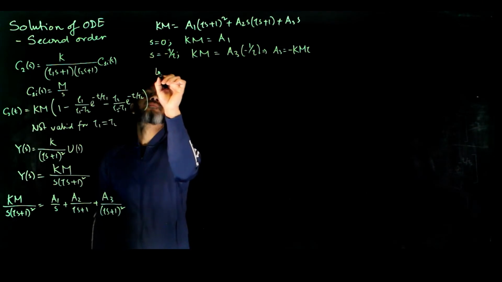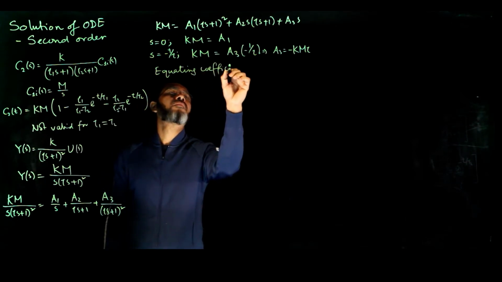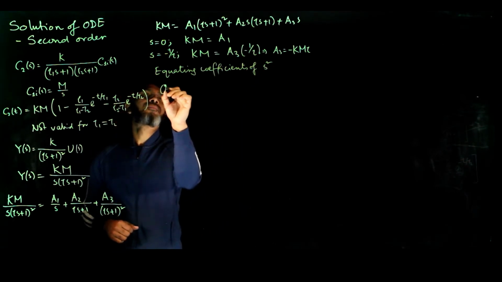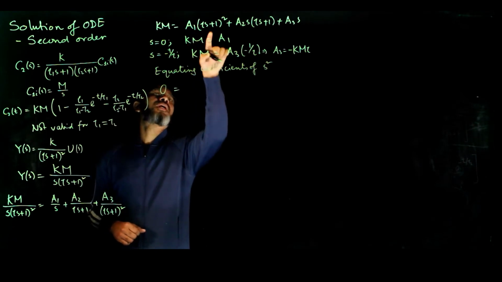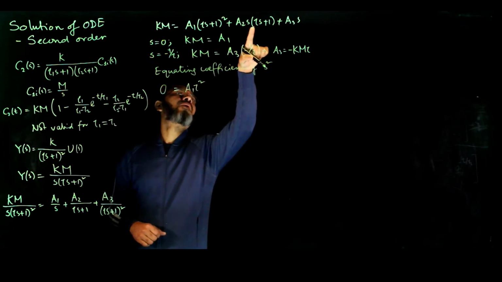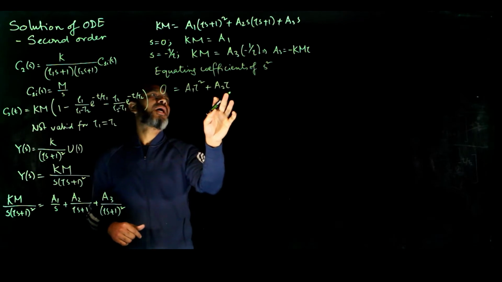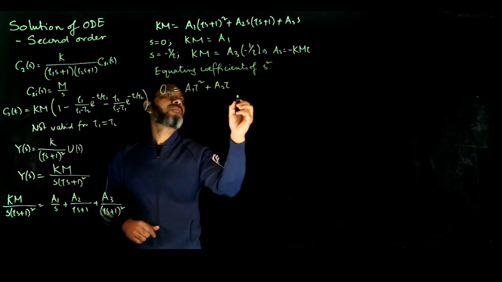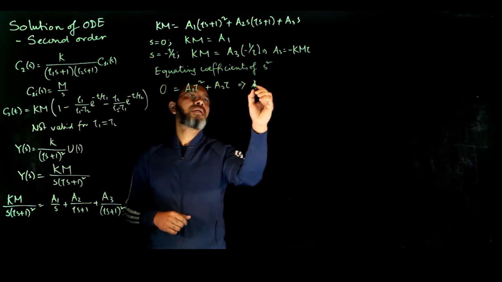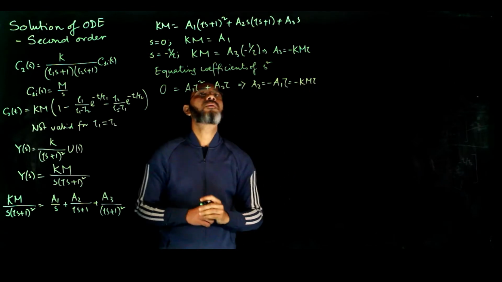Now if we equate the s squared terms, on the left hand side there is nothing, and on the right hand side this will be a1 tau squared plus a2 tau. So from a1 being km, a2 will be negative a1 tau, which is negative km tau.